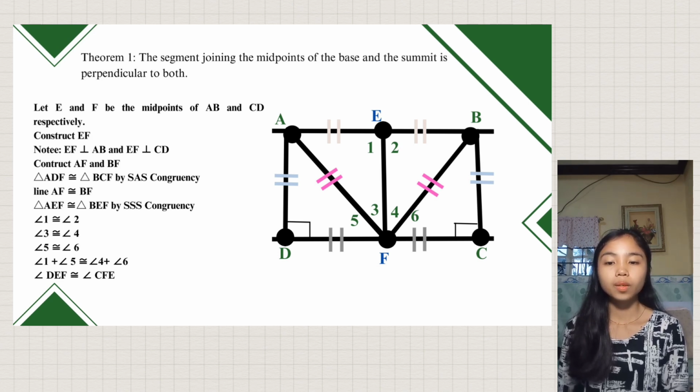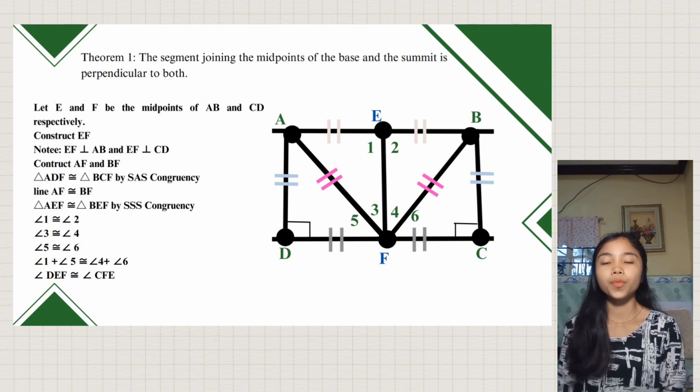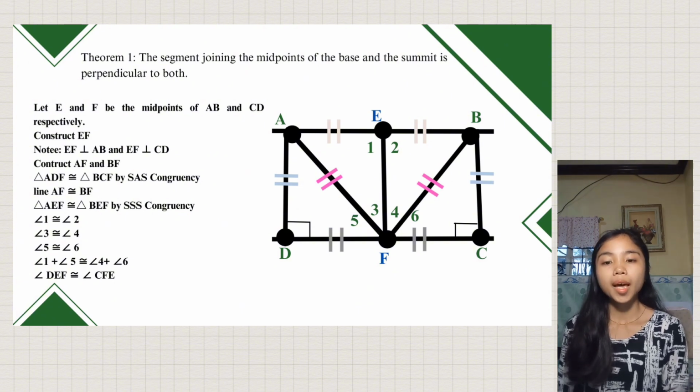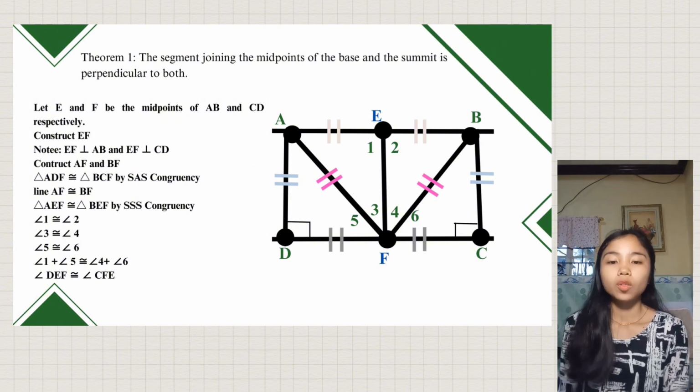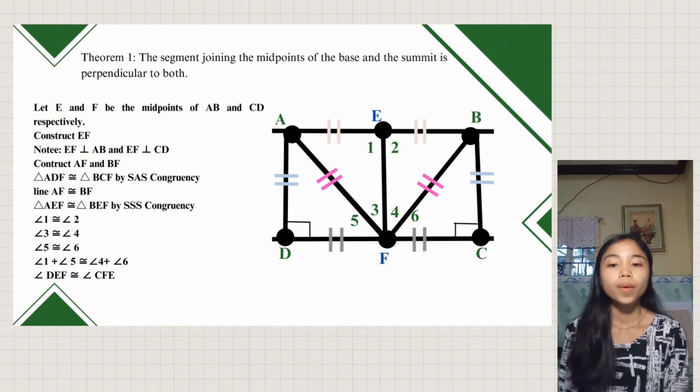Construct EF. Note EF is perpendicular to AB and EF is perpendicular to CD. Construct AF and BF.